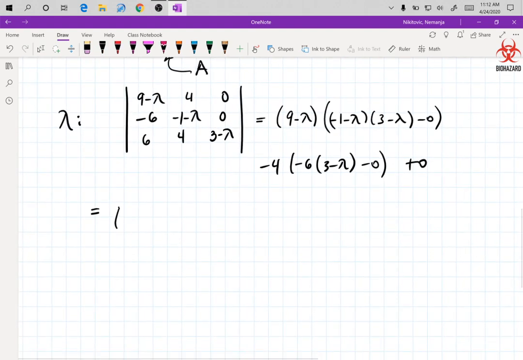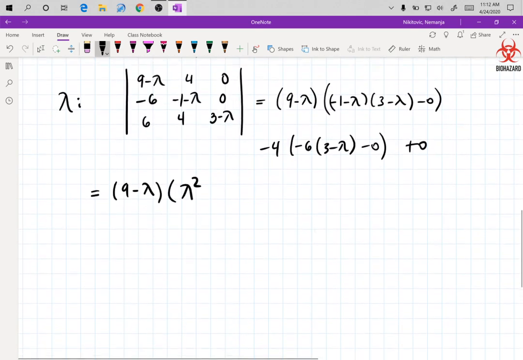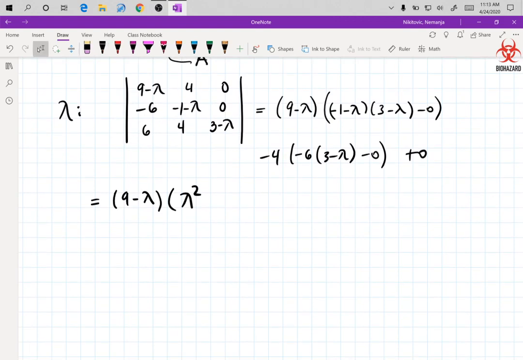That's going to be 9 minus lambda times lambda squared plus 2 lambda plus 1 lambda minus 3 minus 2 lambda, and then minus 3.